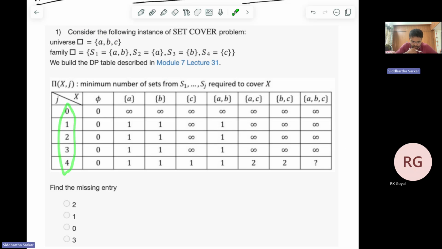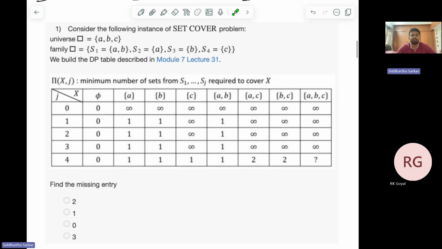You have to understand what these indices mean. Then we have to compute the entry corresponding to x equals abc and j equals 4. First is to understand what this entry means. I'll write it down. Before that, are there any doubts about what the question is asking?